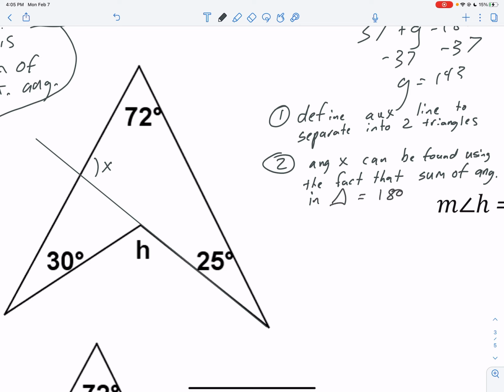So then I can say, all right, well, 72 plus 25 plus x equals 180. Do the same thing that we always do, and then I get 99 plus x equals 180. Subtract off that 99 to get x equals, what is that, 81?